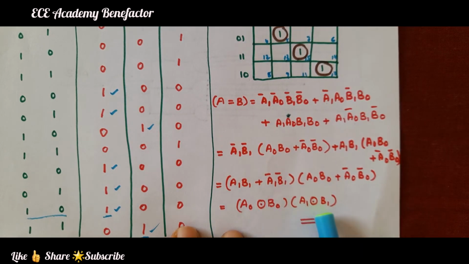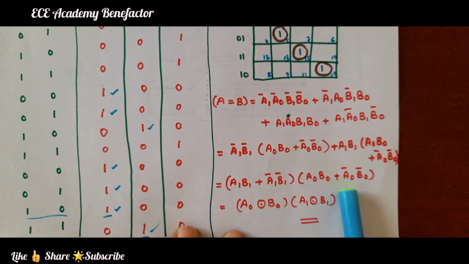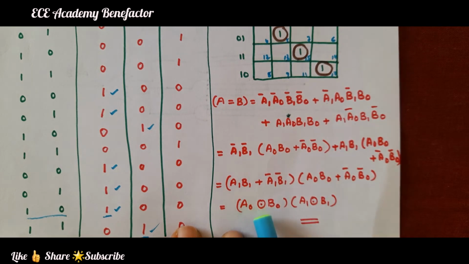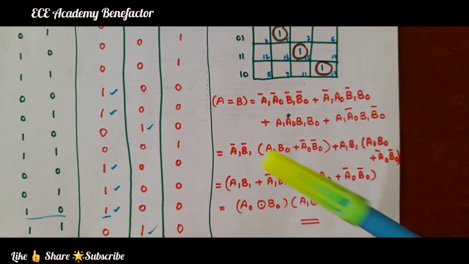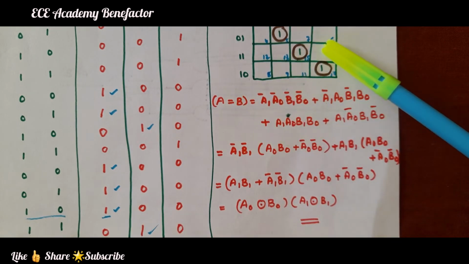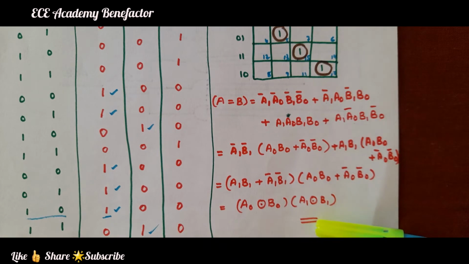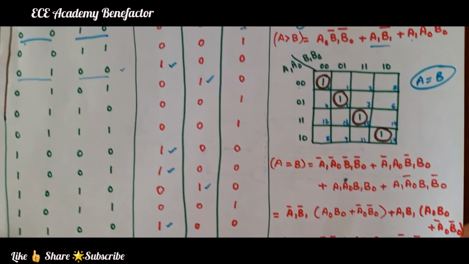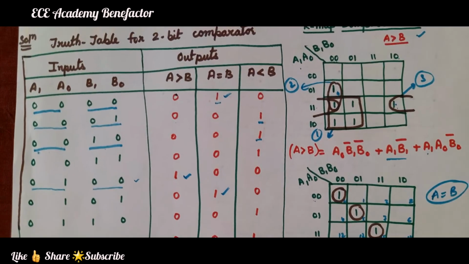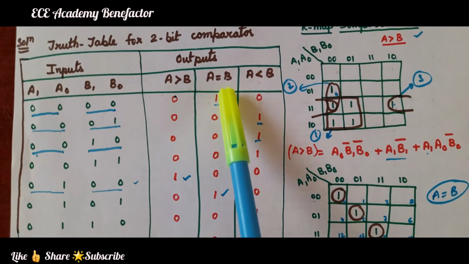A1 XNOR B1, and for this one, A0 XNOR B0. So for A equal to B, after solving the K-map, we are getting this expression. Okay. So we have simplified the two K-maps for A greater than B and A equal to B.